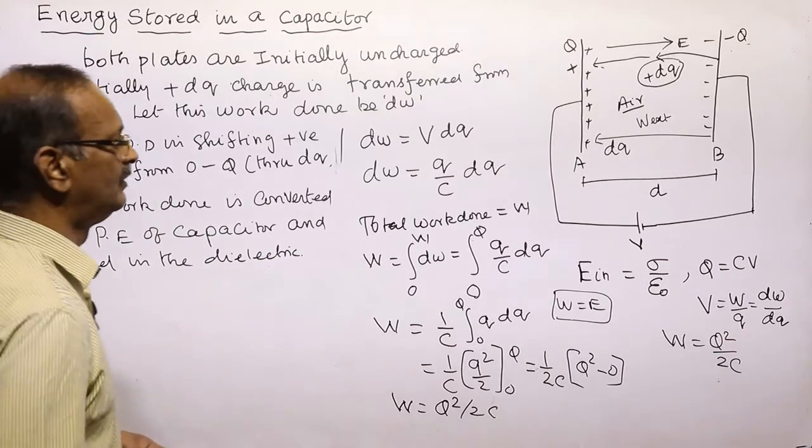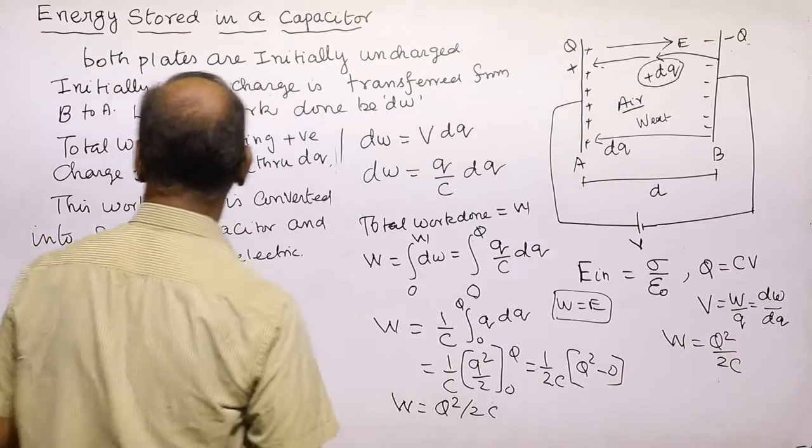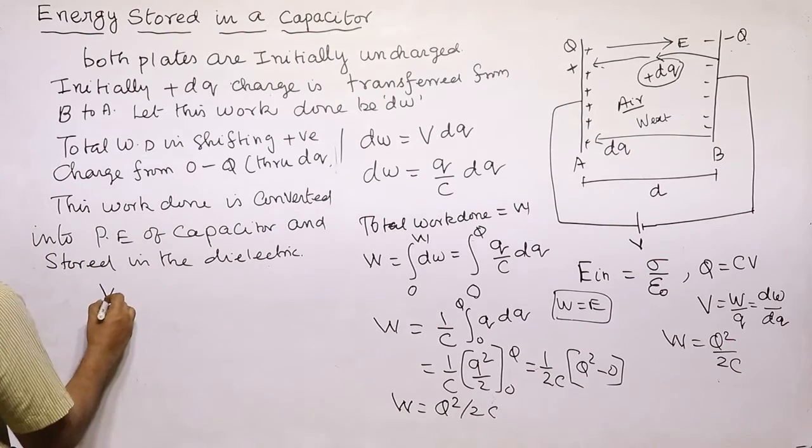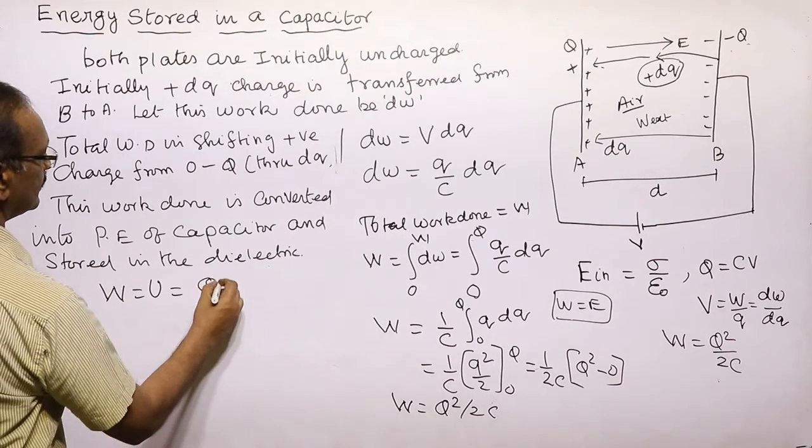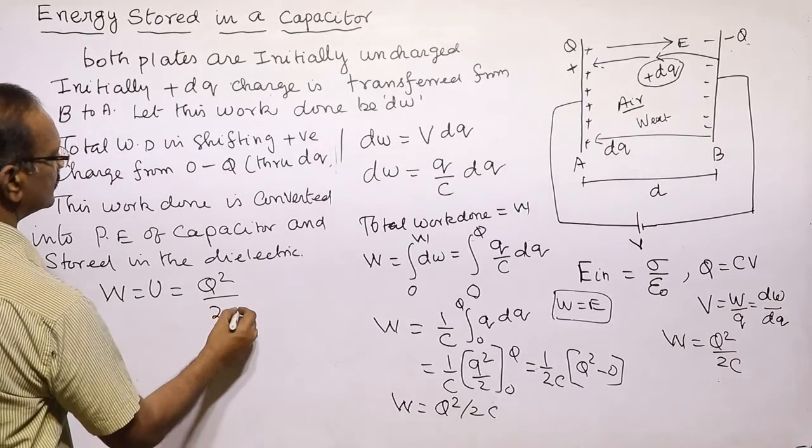So this is all about work done. It means we can write the work done is converted into potential energy, which is equal to Q square by 2C.